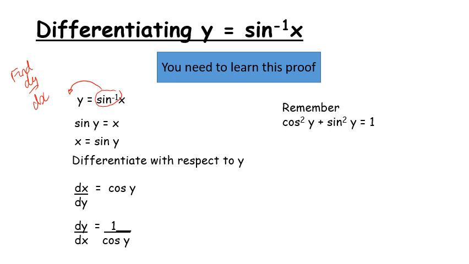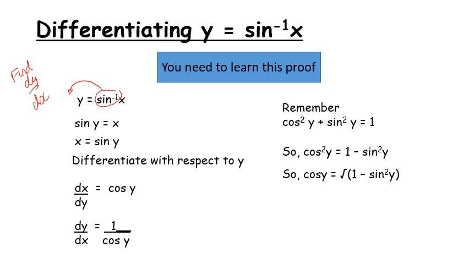We learned that last year in AS. So if I write it with y's in, cos squared y plus sine squared y equals 1, I can then rearrange this to get cos y on its own. I could take the sine squared y over to the other side, so it becomes 1 minus sine squared y, and then I could square root both sides so that I can find out what cos y is.